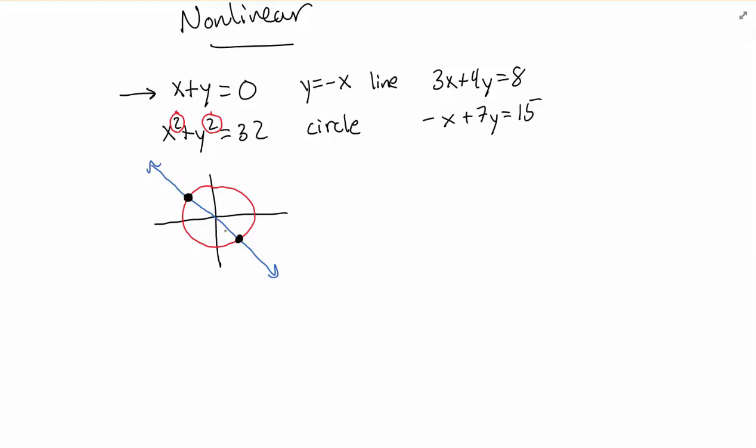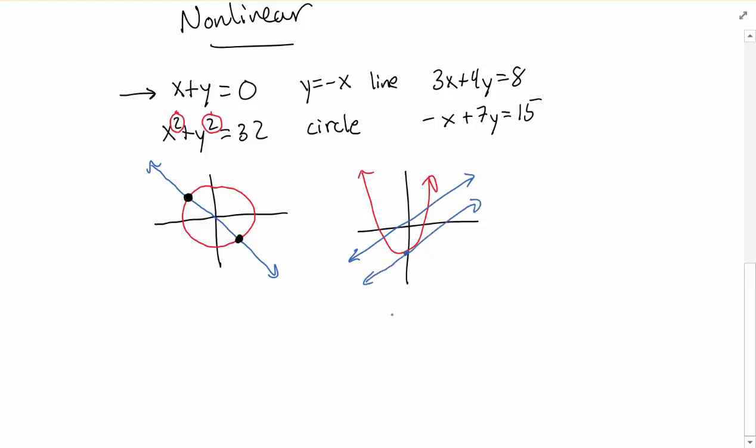So here's one type that we're going to look at in this section: intersections of lines and circles. We're also going to look at lines and parabolas, which visually an example of that would be if you had, say, here's a parabola, and then here's a line. On that one, you could have, say, two solutions, or one solution, or no solutions would be an option.